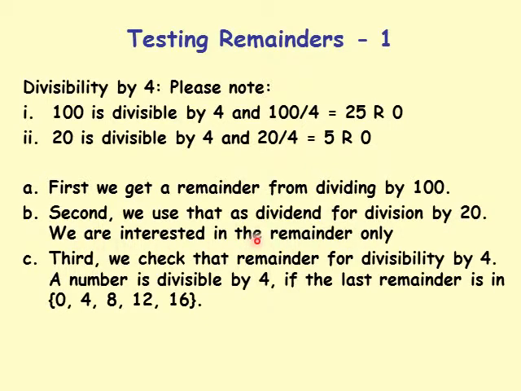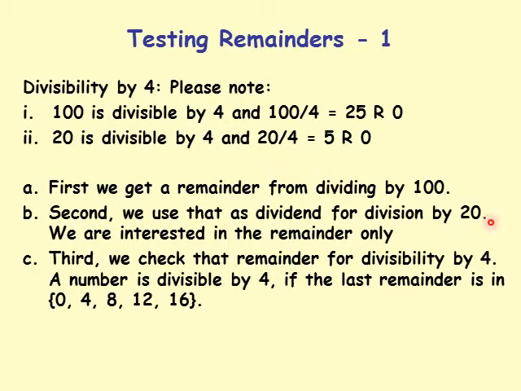We are interested in the remainder only. Third, we check the remainder for divisibility by 4. So first I take away all the hundreds and keep the remainder. Then from that remainder I take away all the 20s I can and keep the remainder, discarding the quotient.